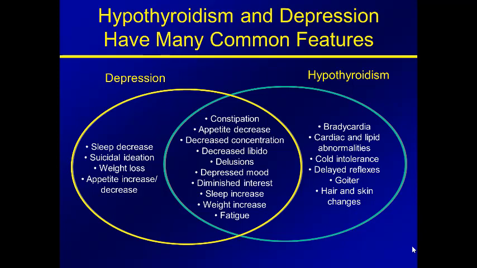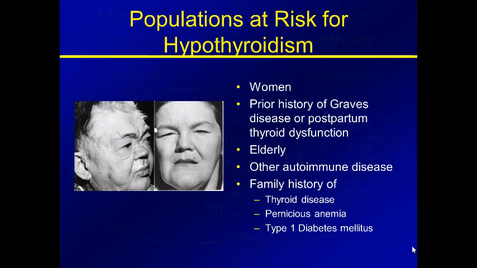And in depression, sleep decrease, suicidal attempt, weight loss, and appetite increase or sometimes decrease. In between both, depression and hypothyroidism, there is constipation, appetite decrease, decreased libido, delusions, depression, mood, diminished interest, sleep increase, weight increase, fatigue. That's in between. So here you should differentiate between both all the time.